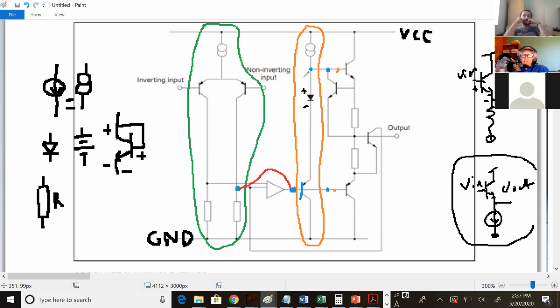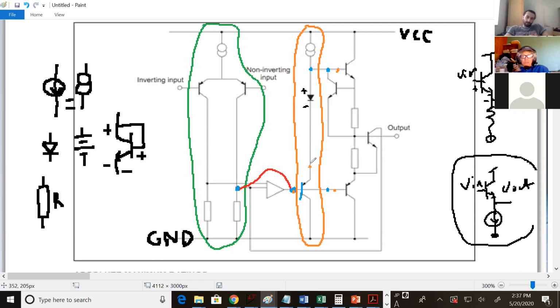Let's follow this path. Let's say this is some voltage. If this is a diode connected transistor, what's the drop across here? 0.7. Okay, so whatever your VBE on is, you've dropped 1 VBE on. Then you come down here. What's the voltage from here to here?